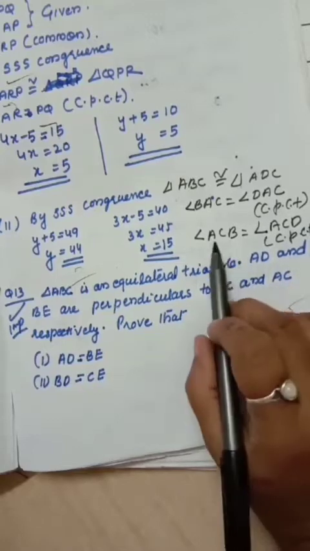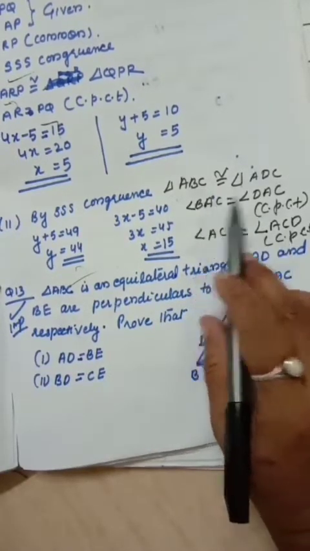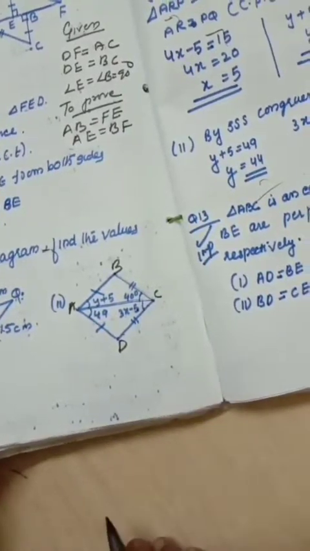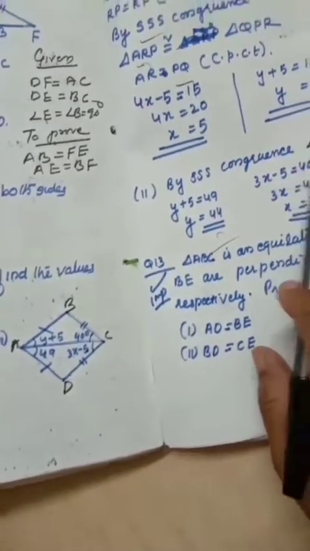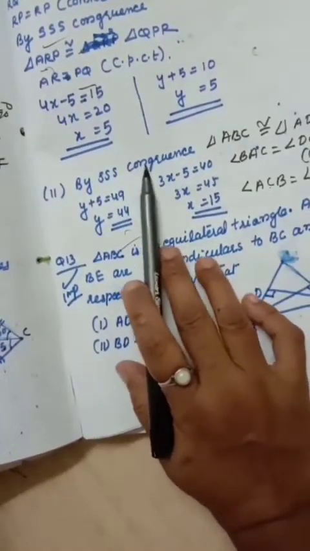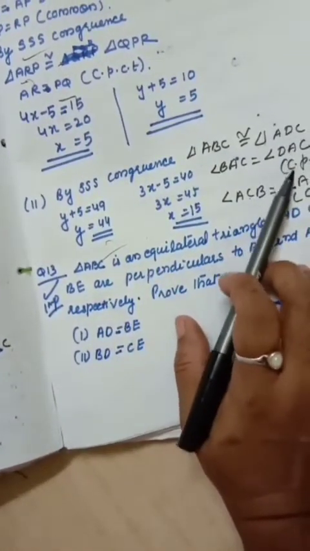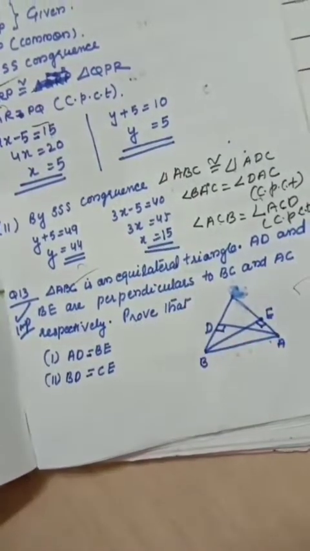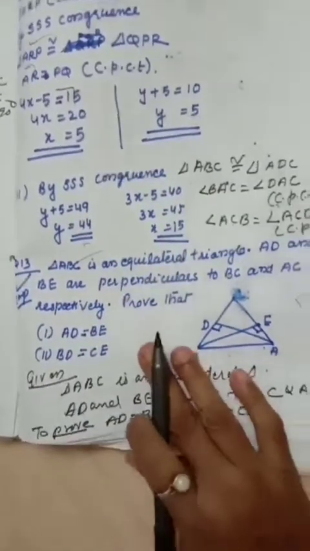Middle one letter is the angle. Here C equal to C, A equal to AC. First you have to prove the congruence. After that, by SSS congruence, these two angles are equal. So, you get the angles.